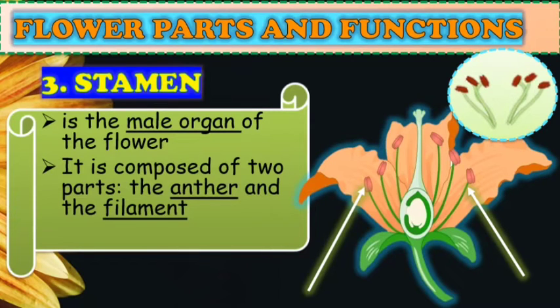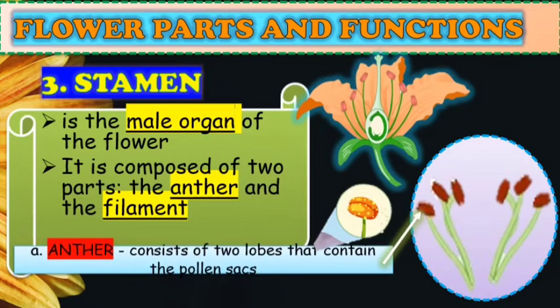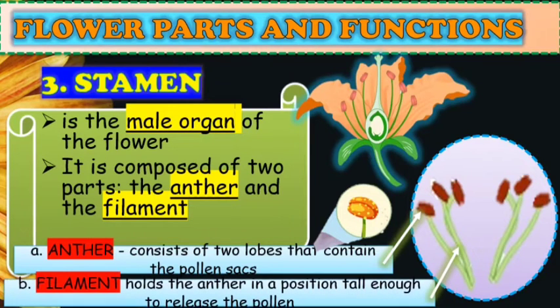Where are the anther and the filament? Here is the anther, the closer part. The anther consists of lobes that contain the pollen sacs. The filament holds the anther in a position high enough to release the pollen.